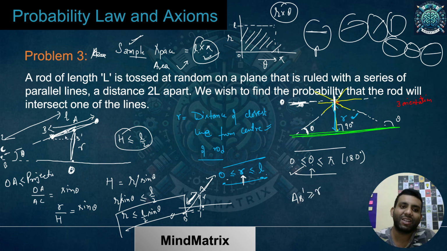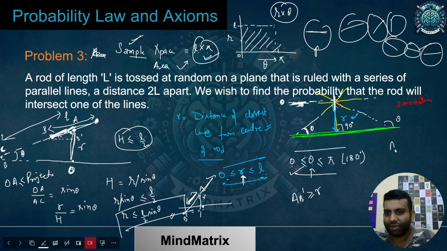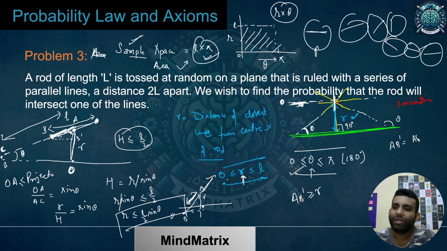And what is AB dash? Simply, if this was theta, this is also theta, and this is 90 minus theta. How do we take the projection? Cos of whatever is the angle. Whatever is this length, AB cos of 90 minus theta will give me the projection. So AB dash is nothing but AB cos of whatever is this angle.